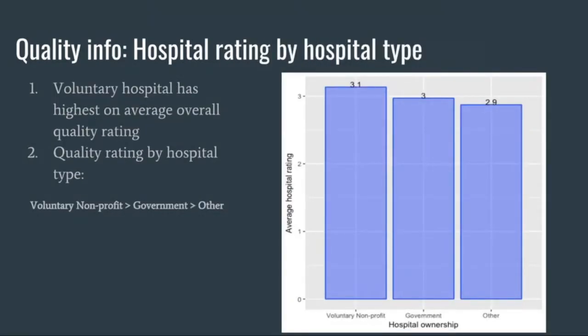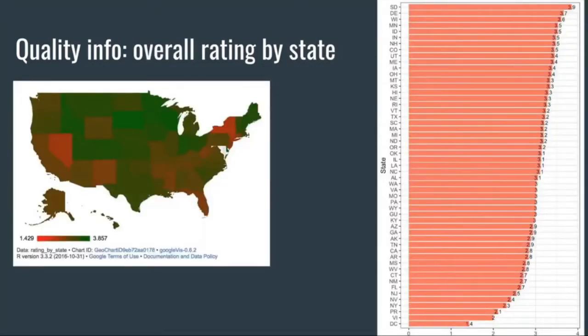And this is the hospital rating by hospital type. In terms of average quality of care, voluntary nonprofit has the best quality of care compared to government-owned hospitals and other types of hospitals. This is the overall quality rating by state.